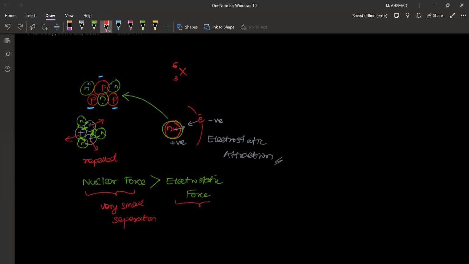And electrostatic force can be seen even for a somewhat larger distance. So the idea is that we have some other nuclear force to hold these protons and neutrons together. Did you all get that idea clear? There has to be some other additional force.